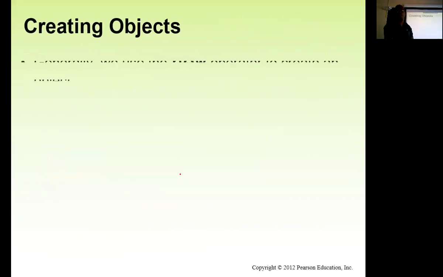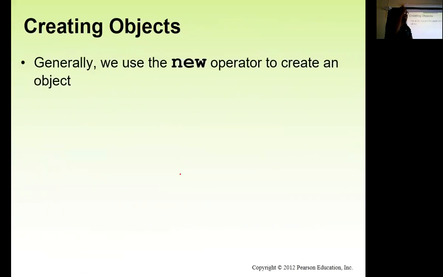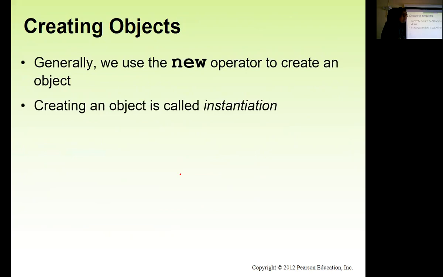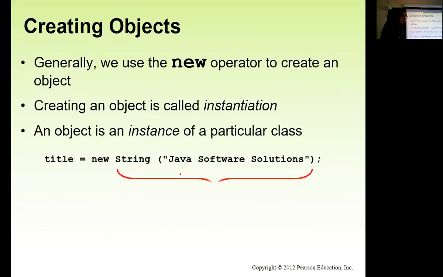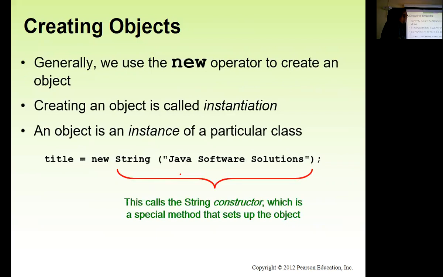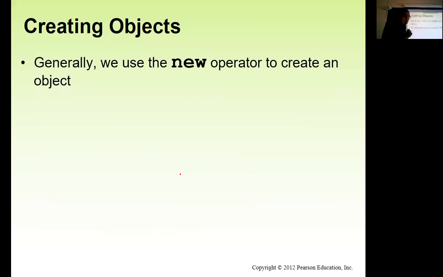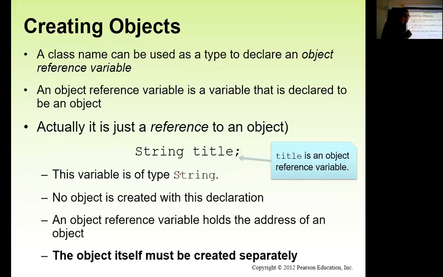All right? Now, in Java, to create an object, you really need to use what we call the new operator. All right? So, that process is called instantiation, as I said many times before. And what you end up doing is really assigning the object type to an object. So, we did String title in the previous slide, right?